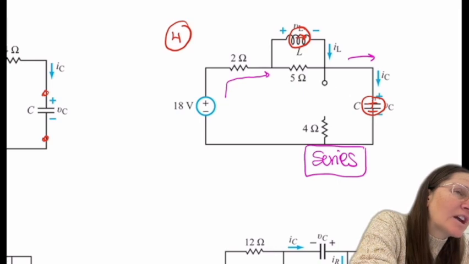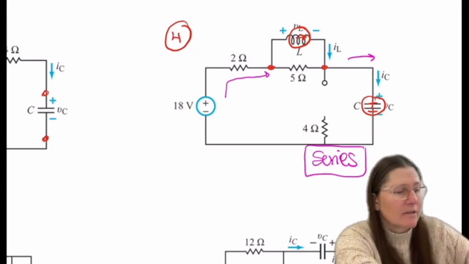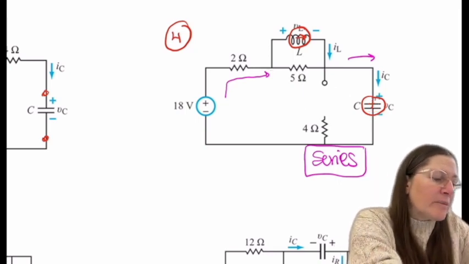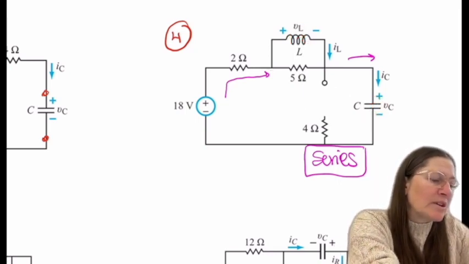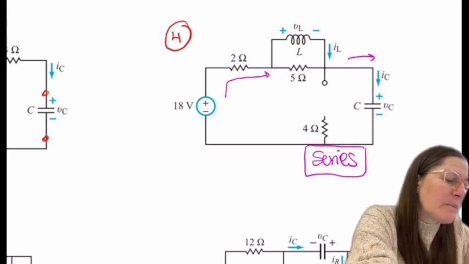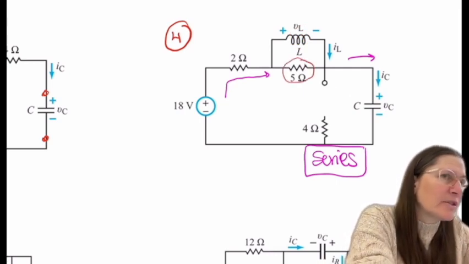You'd have to analyze the full circuit to find the voltage drop across the inductor. The inductor current is not going to change though, correct? Yes. Okay, so hopefully you can see that this one will be series. And I know this is a little confusing.